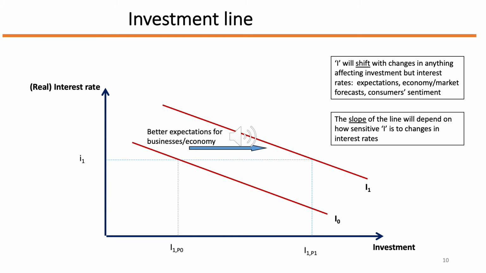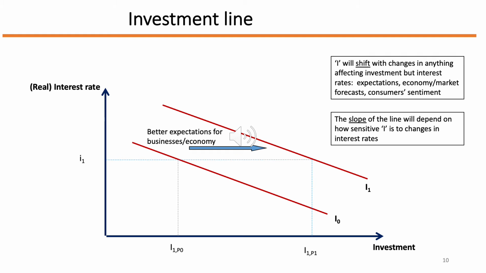Here you have the graphic representation of the investment line, with real interest rates on the vertical axis and investment spending on the horizontal axis. So let's start with the first line, capital I0 for investment at time 0.